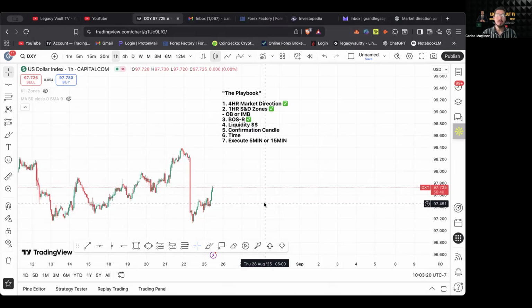Now, today we'll be going over break of structure and retest. Before we dive into it, let's define what is break of structure. A break of structure happens when price breaks past a previous high or low, signaling a possible shift in market direction.